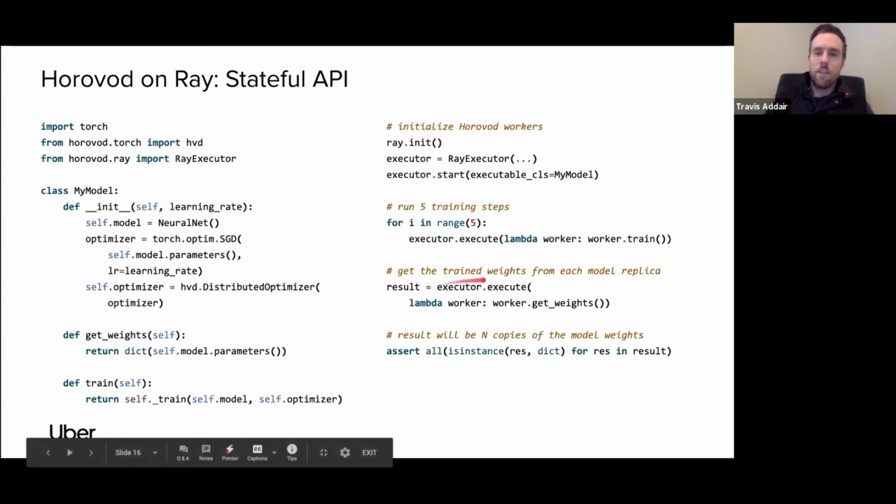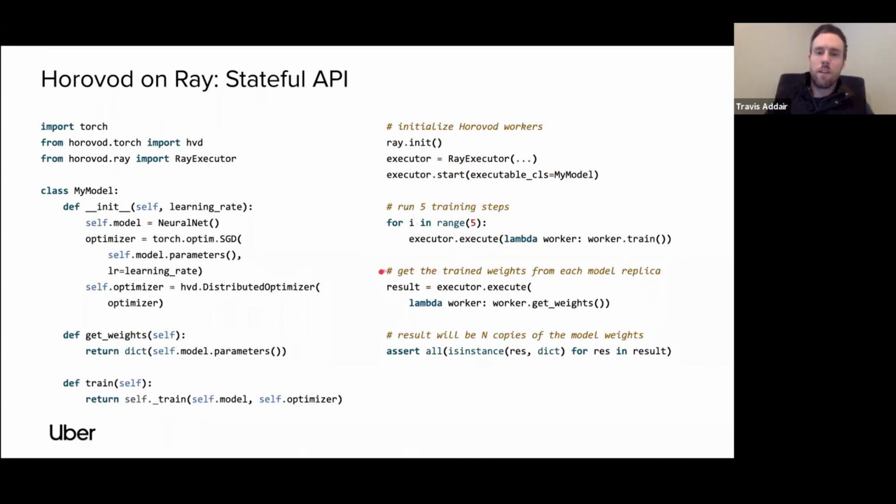At the end, when we're happy with how many training iterations we've done, we can just call get weights to obtain the final result. The thing worth noticing here is that in this training step, we didn't return any weights or any state.